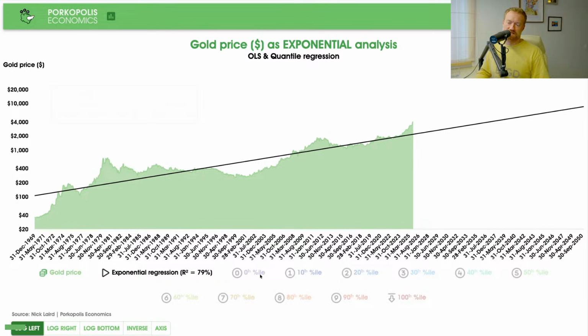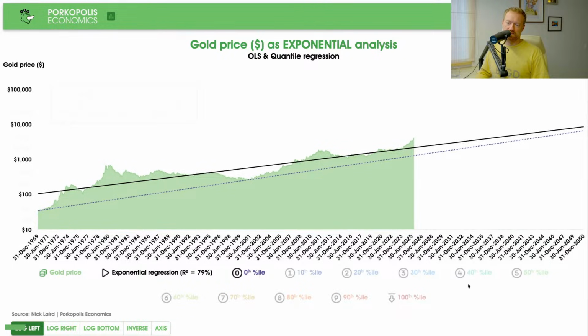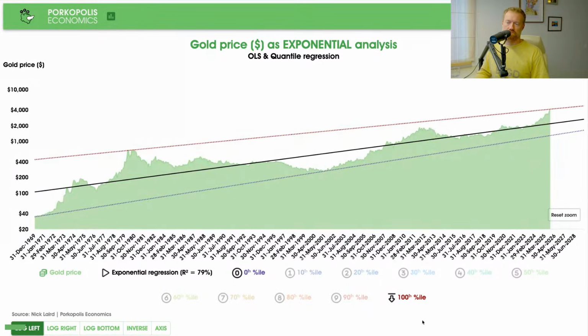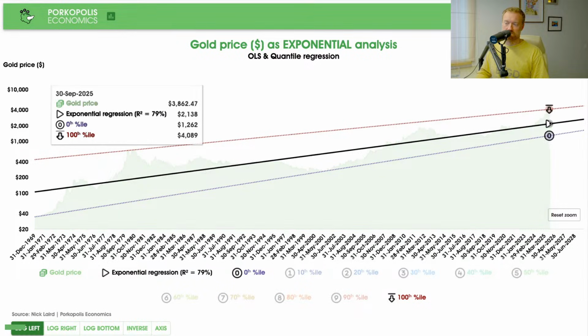Now let's look at the extremes, the 0th and the 100th. See some interesting things. Looks pretty good. I'm not saying that it has to repeat.